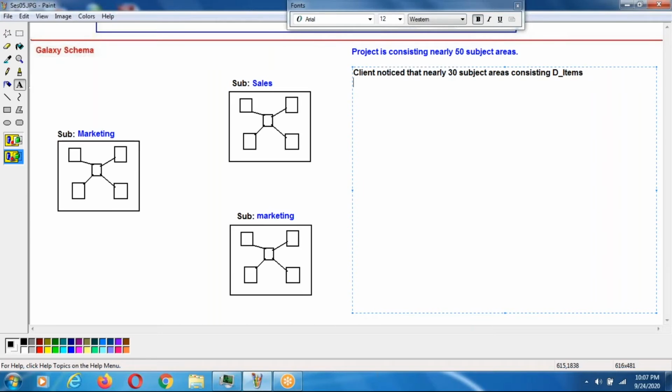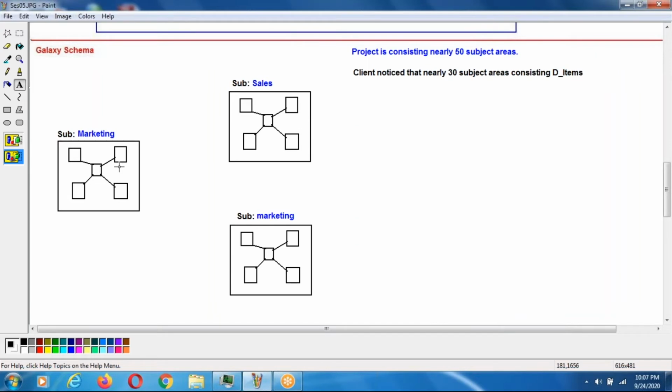If the client is not at all accepting, then try to convince the client, but if that does not happen, then you have to go as per the client specifications, otherwise you'll cancel the project. So as per the client specifications, you try to remove this d underscore items table except in one subject area.